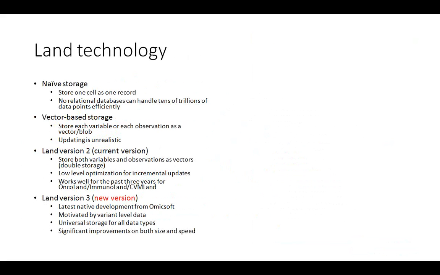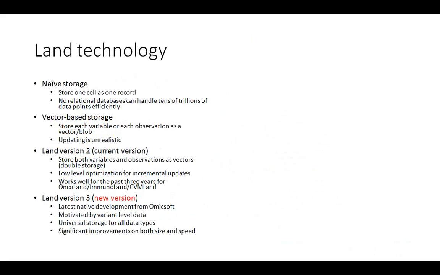Sometimes you may feel it takes a few hundred gigabytes of space for TCGA, for example, or that republishing is a little slow. But most of the time there's no problem because we did a low-level optimization for incremental updates. Compared to that, we have realized we can still improve Land version 3 so much.